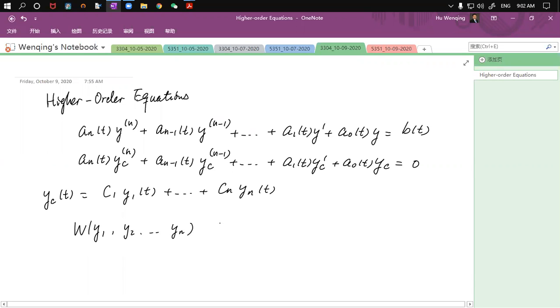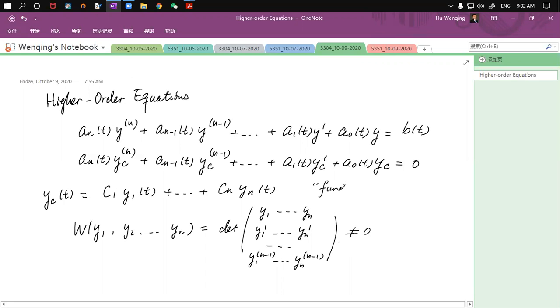This Wronskian is the determinant of the matrix with rows y_1 up to y_n, then y_1' up to y_n', and so on, up to the (n-1)th derivatives. The determinant has to be non-zero in order to have a set of fundamental solutions.